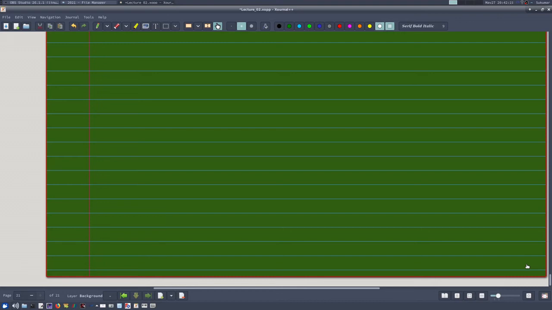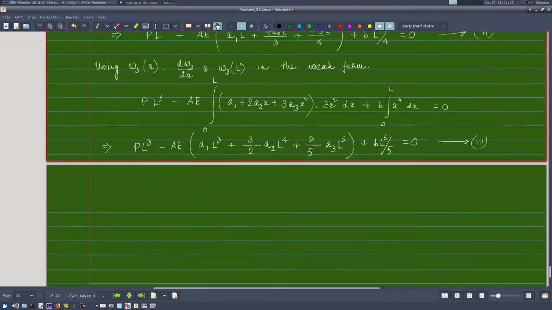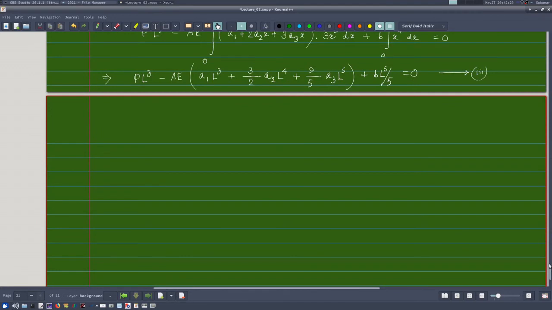For simplicity I am not writing all the steps here, and I am just writing the results.